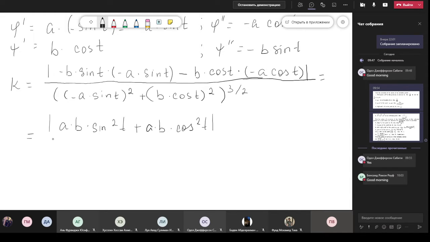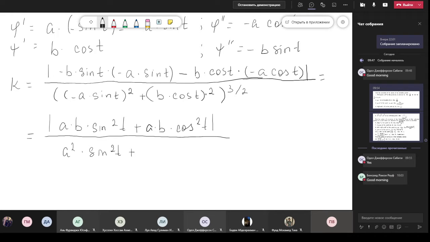Then here a squared times sine squared, because minus squared is plus.